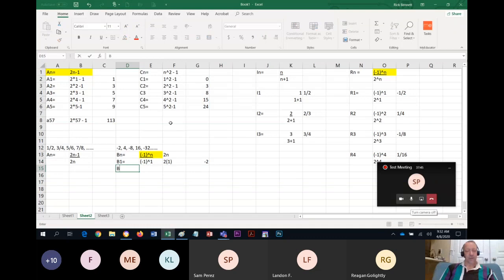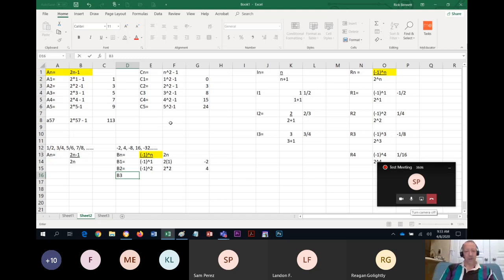Okay, b sub 2, let's check our answer again. This is going to be -1 to the second power, and then we're going to have 2 times 2, which is going to be +4. So far so good.